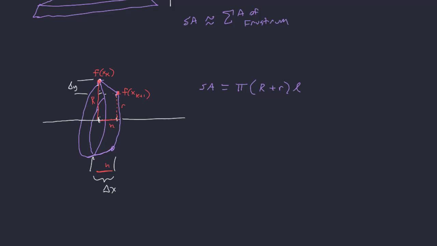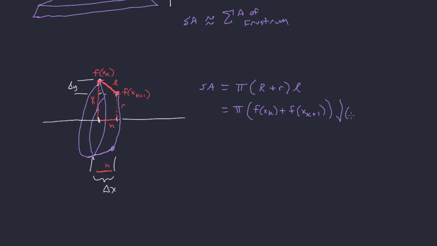The big R is the longer radius and the little r is the shorter radius, and L is the length. Well, we've already done this before, right? The big radius comes from one of these f values, and so does little r. And L, well, we already did that when we were talking about the arc length. That is just the length.